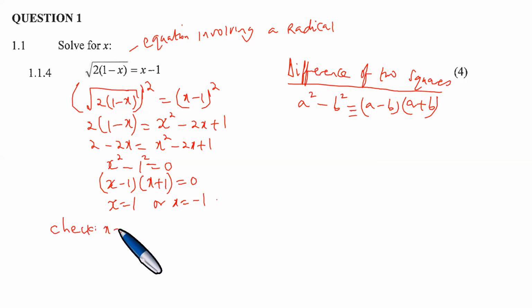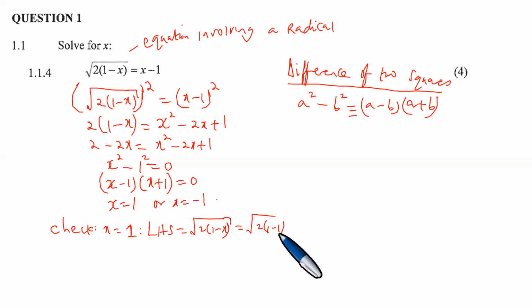Doing a quick check, we check x equals 1. We check the left-hand side, and it is the square root of 2 into 1 minus x. 1 minus 1, 0.